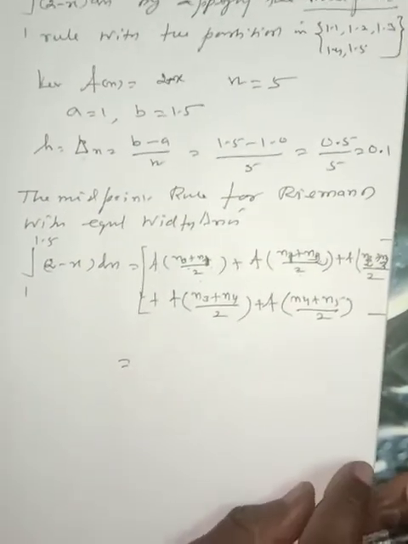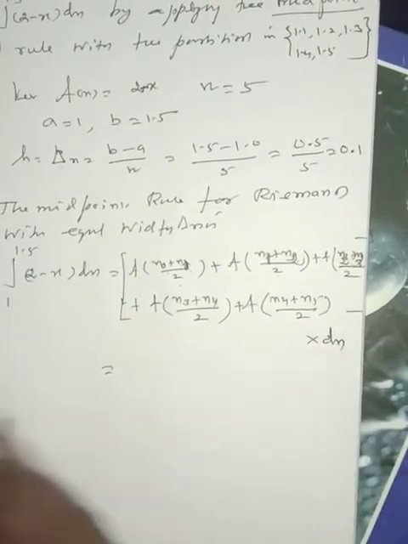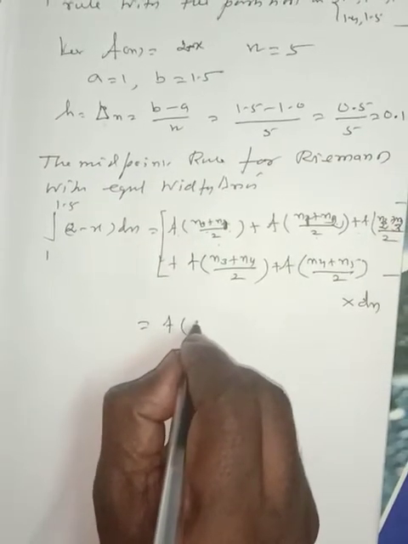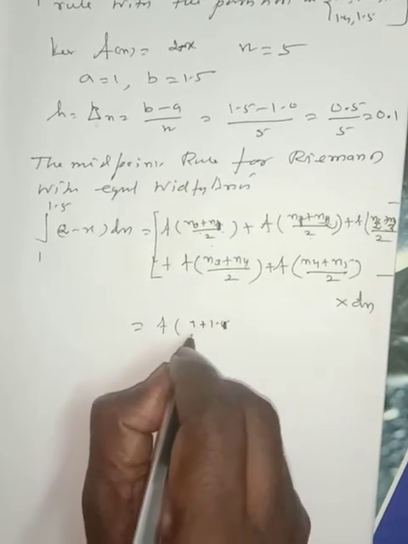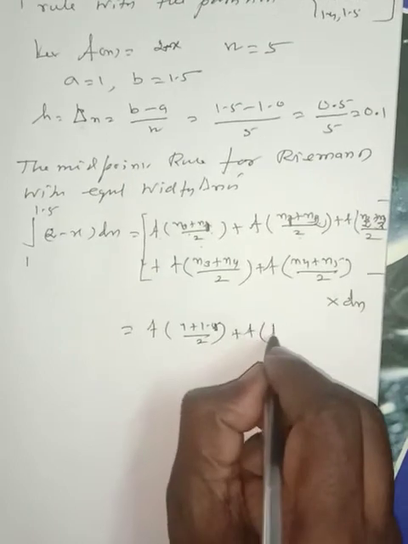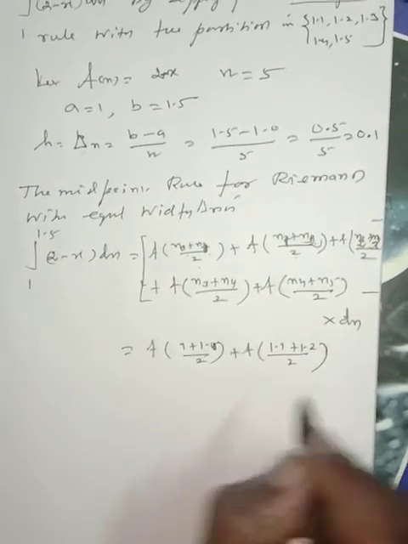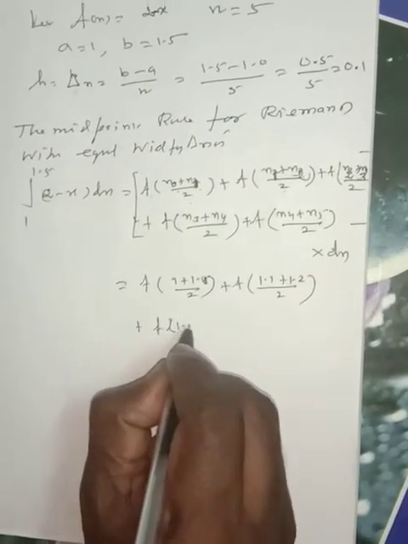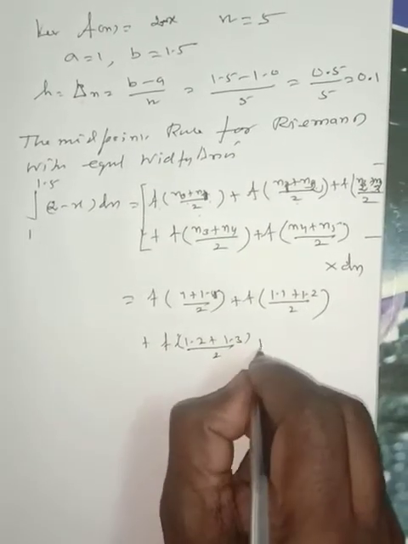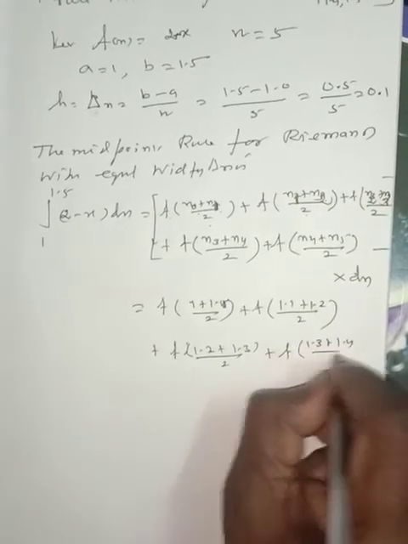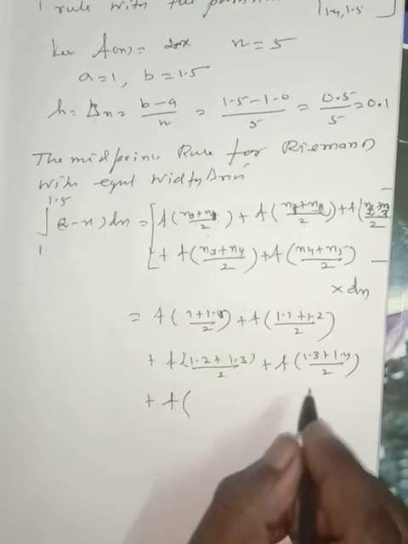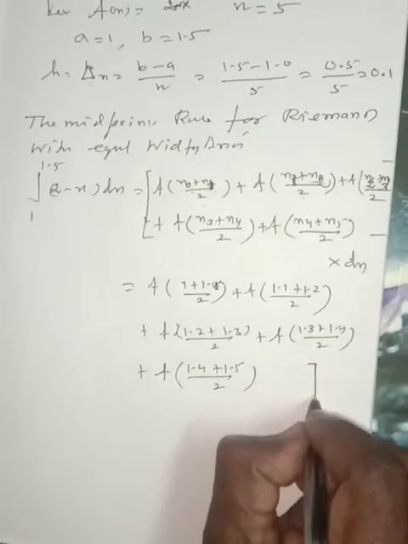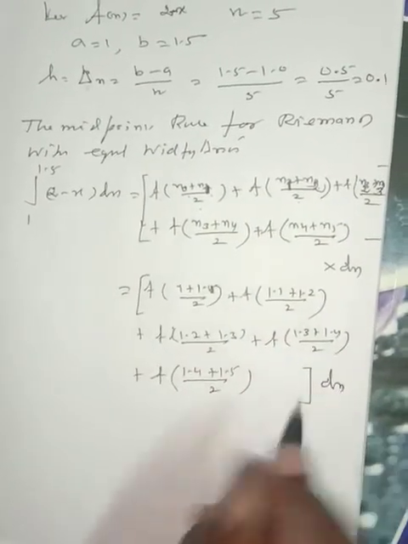Now into del x or dx. f of 1 plus 1.1 divided by 2, plus f of 1.1 plus 1.2 divided by 2, plus f of 1.2 plus 1.3 divided by 2, plus f of 1.3 plus 1.4 divided by 2, plus f of 1.4 plus 1.5 divided by 2, into del x or dx. dx is 0.1.